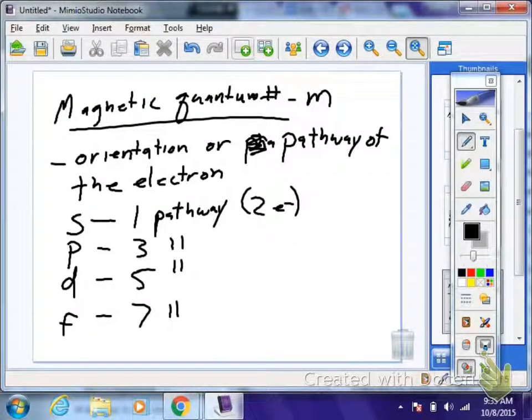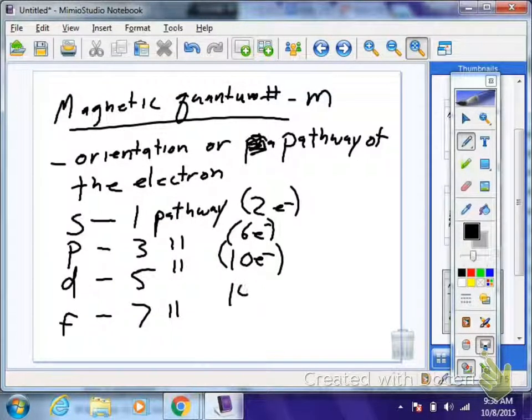They can hold 2 apiece, and I've got 3 here, so that's a total of 6 electrons. All right? D, 10. And the F's can hold 14.